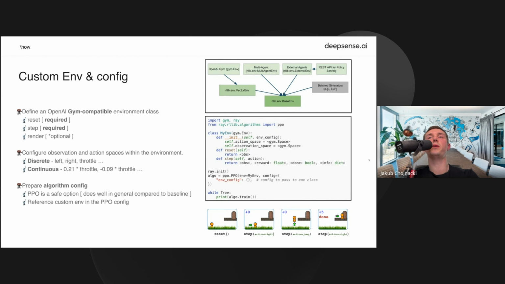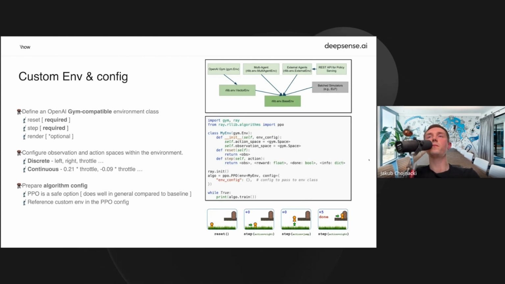So the agent does not have control over how much it can go left and how much it can go right. Or it can be continuous. So for instance, maybe it would like to throttle 21%, or maybe it would try to stop with a negative throttle or something like that. So it has control over the amount of the action it can input to the environment.